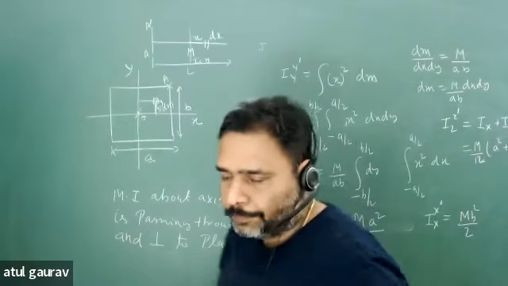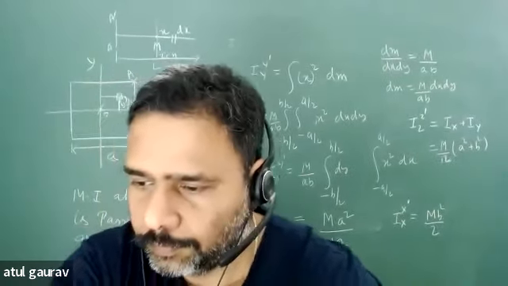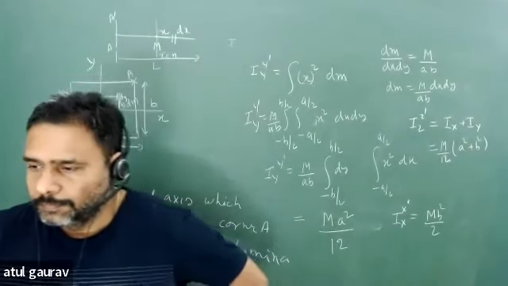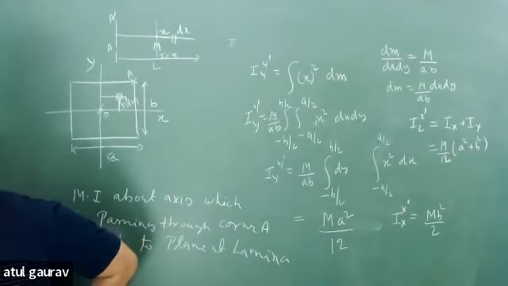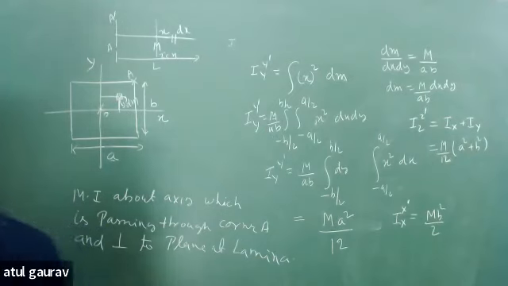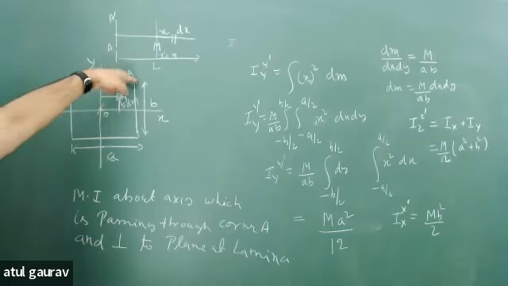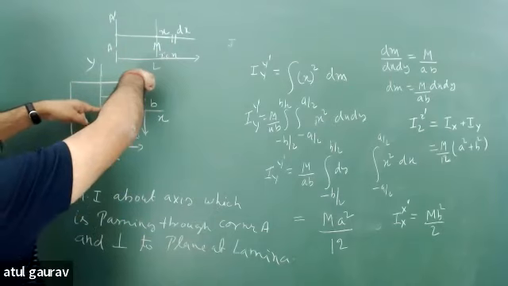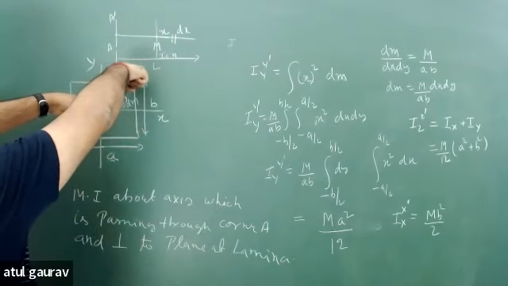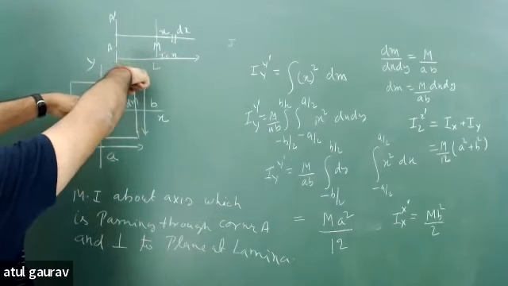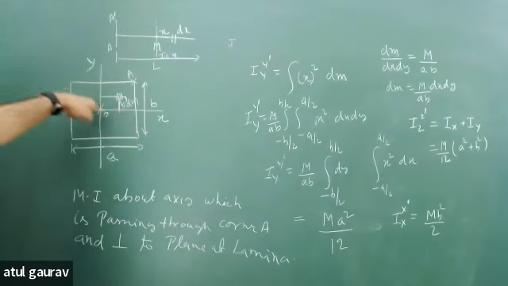Is this clear? Right? Now, about which axis did you calculate? You have just found the moment of inertia about this axis. Now you have to find the moment of inertia about this axis. Are these two parallel axes? Yes. And is this axis also passing through the center of mass or not? Yes, sir.